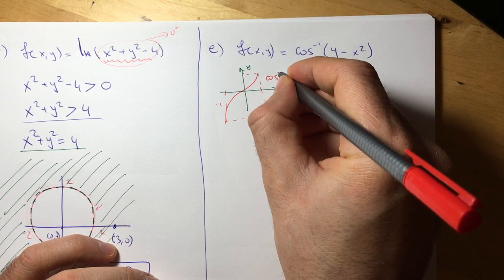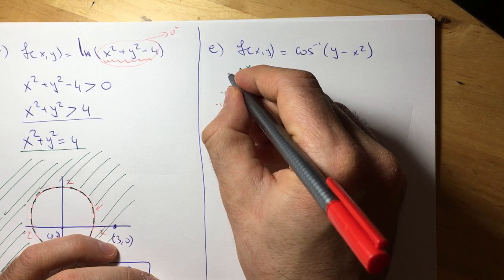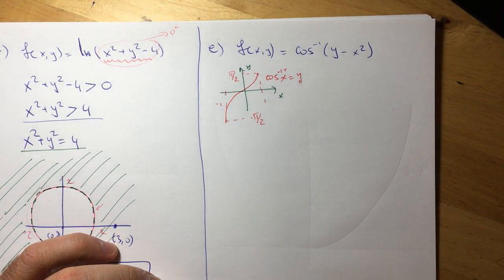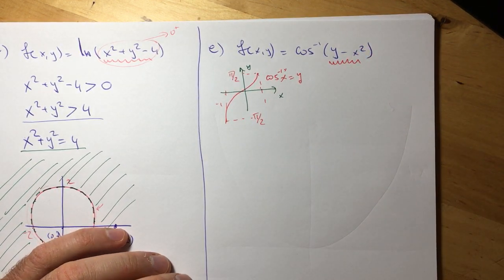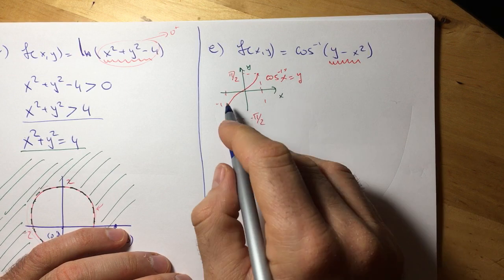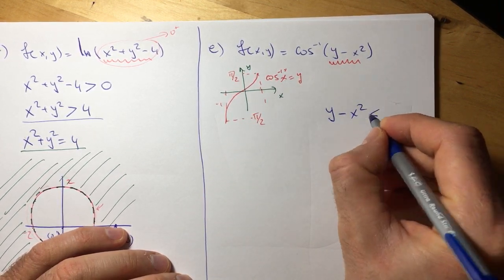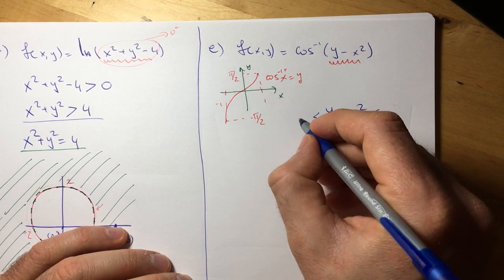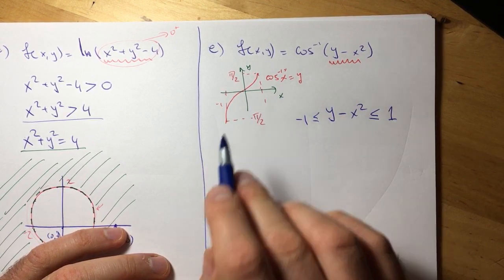So this is arccosine of x is equal to y, and this is the value pi over 2 and the value negative pi over 2. Which means that this expression here, y minus x squared, has to be bounded by -1 and 1, has to be between -1 and 1.